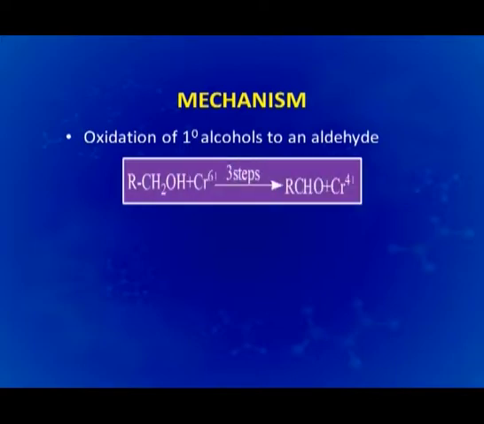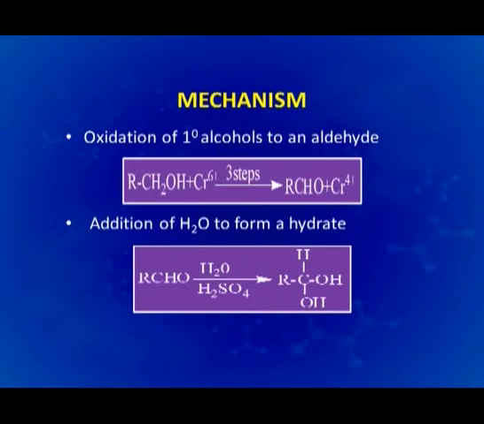And this is the mechanism of the oxidation of primary alcohols to aldehydes. Whatever we have seen in the previous slides, those 3 steps give rise to the aldehyde. And further oxidation is the addition of water to form a hydrate.